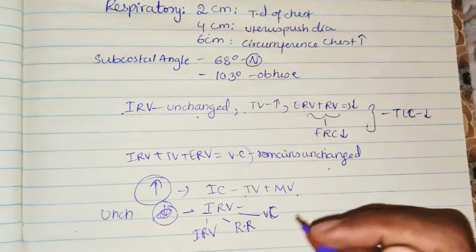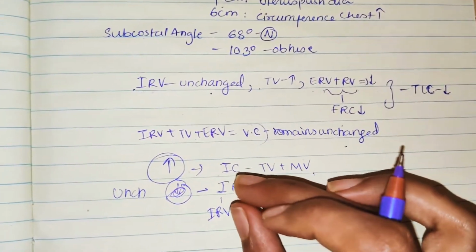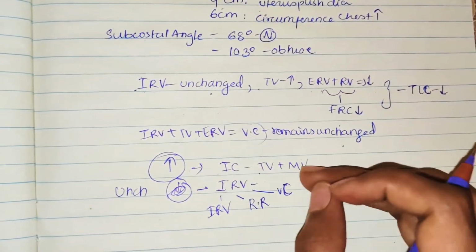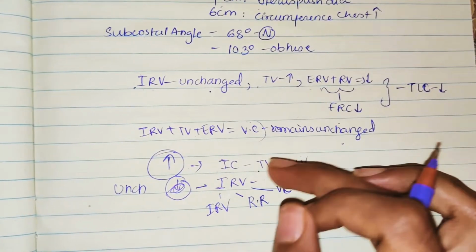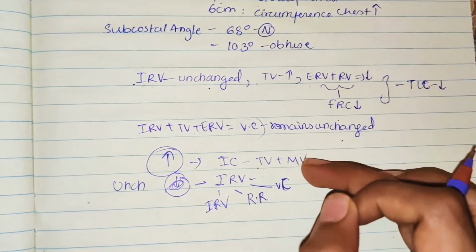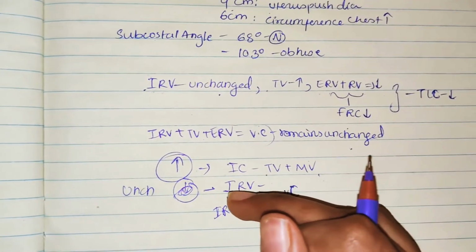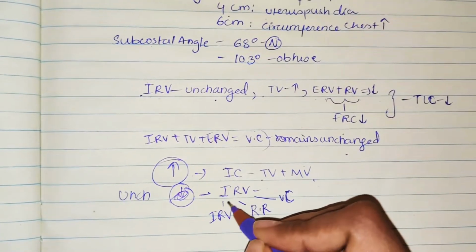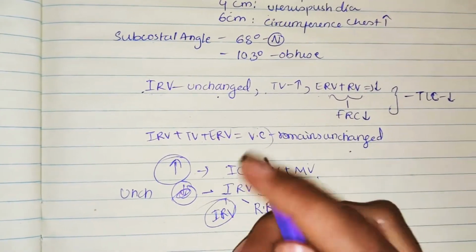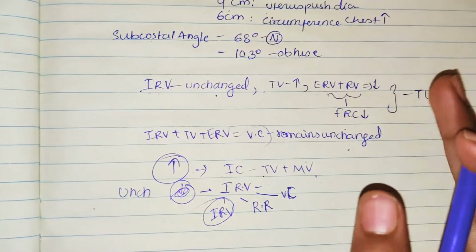So the parameters which increase are ICTV movie: inspiratory capacity, tidal volume, minute ventilation. The parameters which are unchanged are IRV: inspiratory reserve volume, respiratory rate, vital capacity.